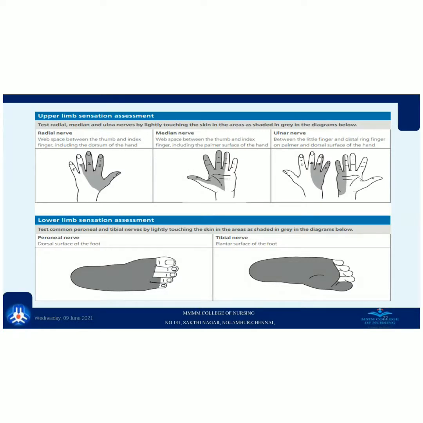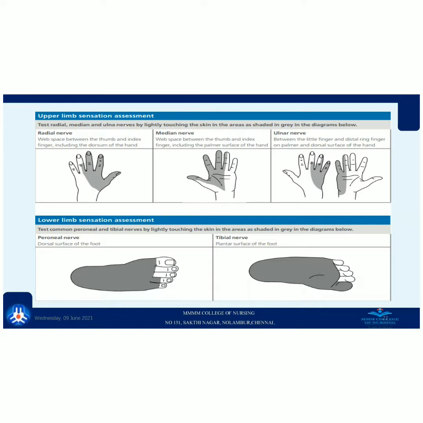To assess the ulnar nerve, assess between the little finger and distal ring finger on the palmar and distal surface of the hand. So we need to carefully assess which nerve site is affected and interpret the damaged nerve.